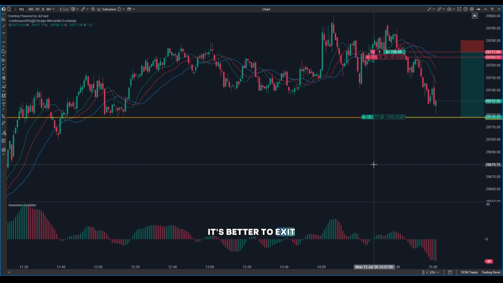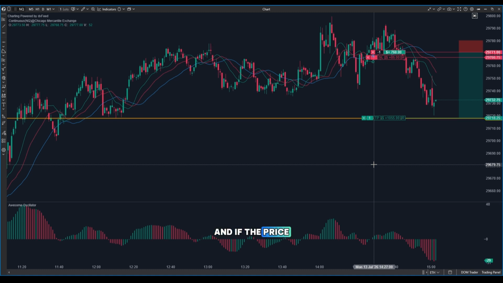It's better to exit a trade with a small loss rather than a bigger one. And if the price returns back to your position direction, that's okay. You can always re-enter the position, but try your best to keep your stop and your profit at the level you have set. Don't let emotions get involved in your trades.